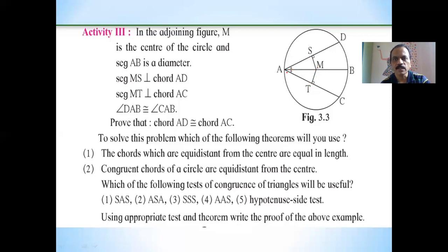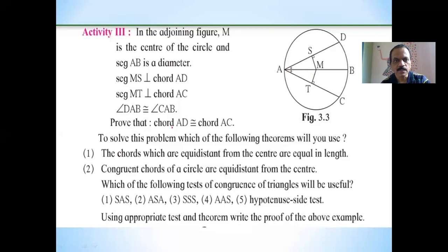Now angle DAB is congruent to angle CAB, so one angle is congruent. The remaining point is that segment AM is a common segment in both the triangles.